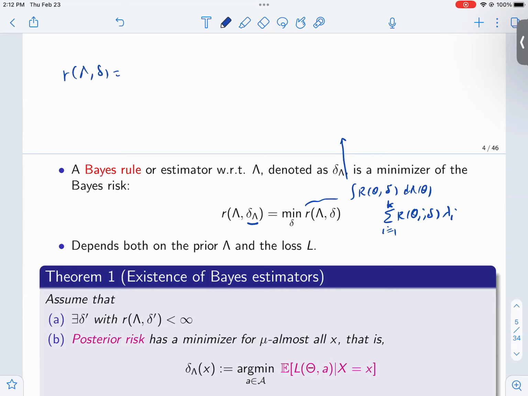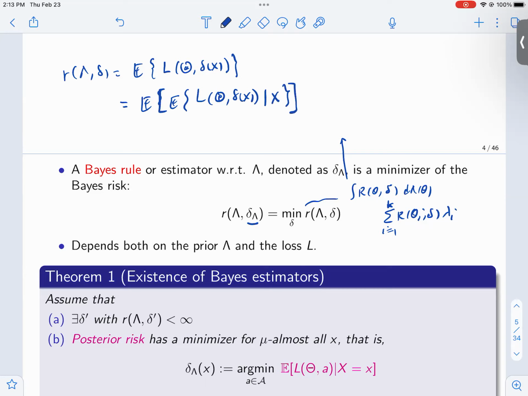The Bayes risk is the expectation of L theta, delta x, over both theta and x. That's another way of writing it. So I can write it as the expectation of L theta, delta x conditional on x first, and then I'm going to take an average.